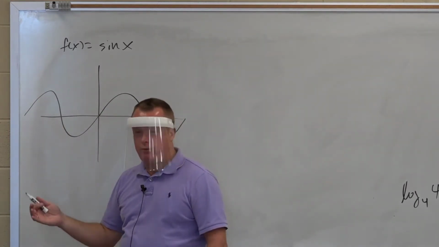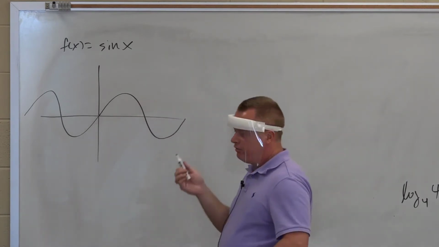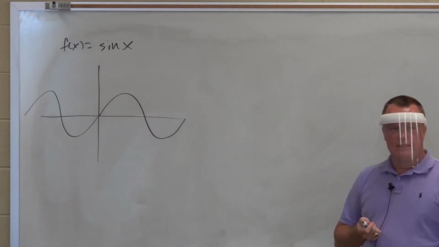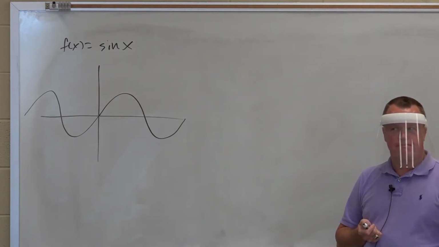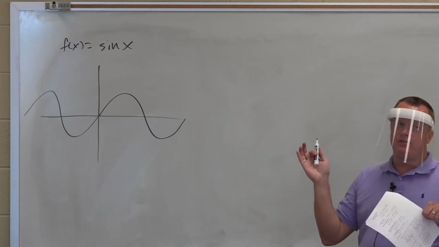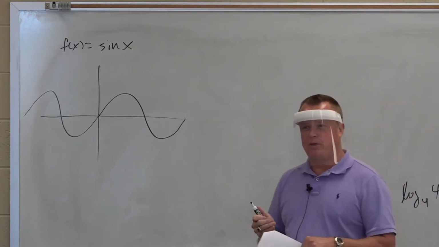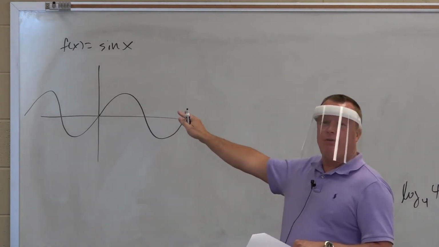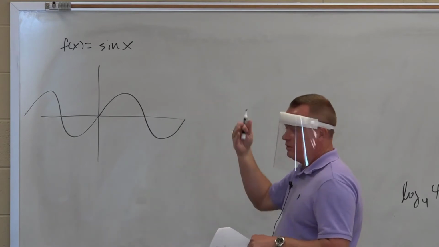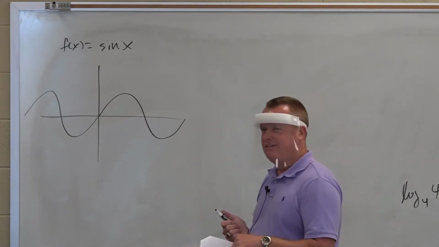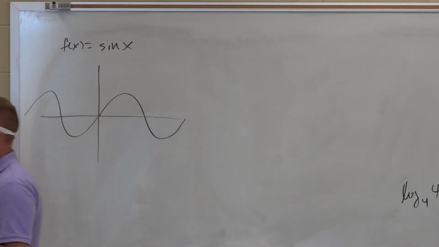How do we have inverse trig functions, and they're functions? I know we talked about this in trig. I taught some of you in the spring. Do you remember how we have inverse trig functions if it's not 1 to 1?